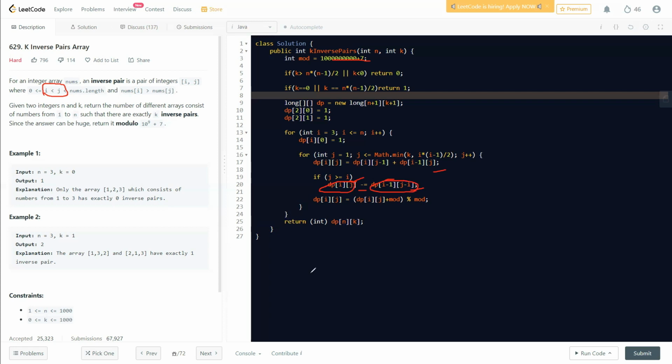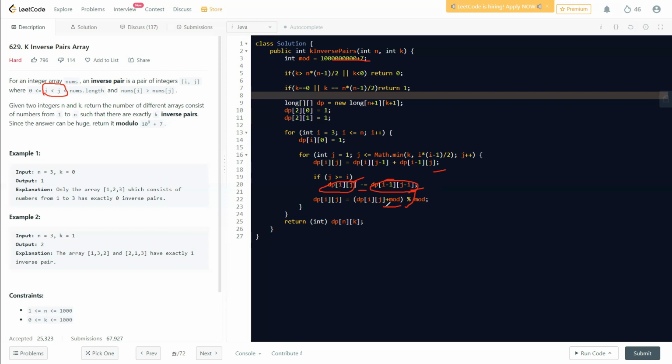Also, the modulo operator gives us a remainder, so a negative value modulo mod will end up giving a negative result. To avoid the negative value, we added a huge number to it and then took the modulo. That will help us in reaching the desired result. That was the concept here.